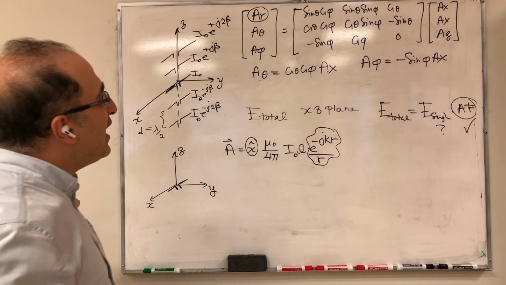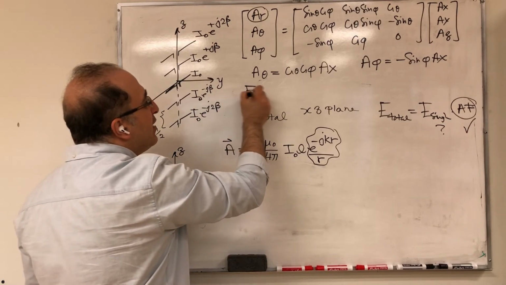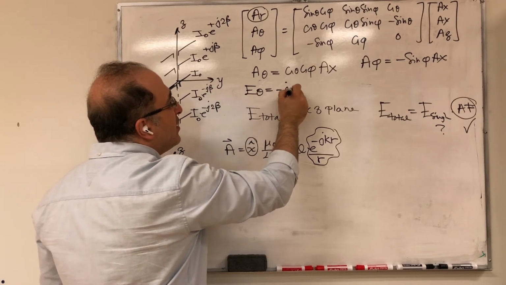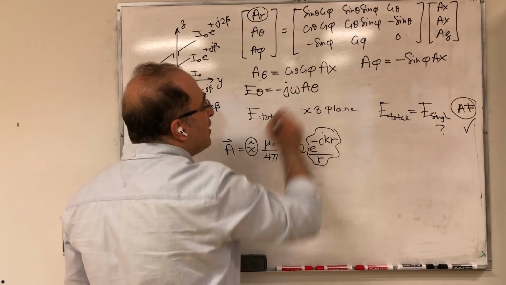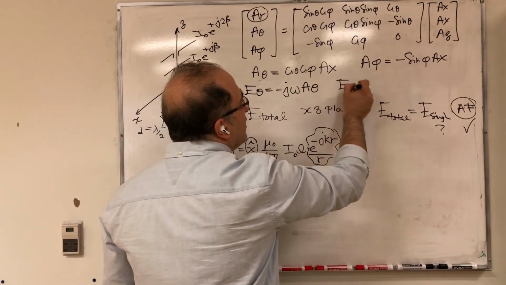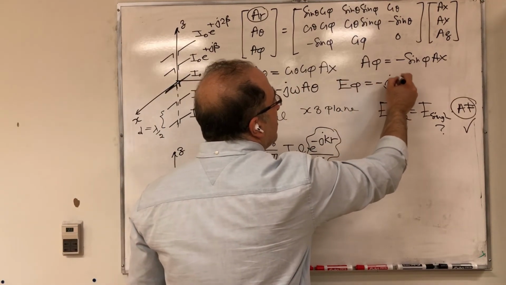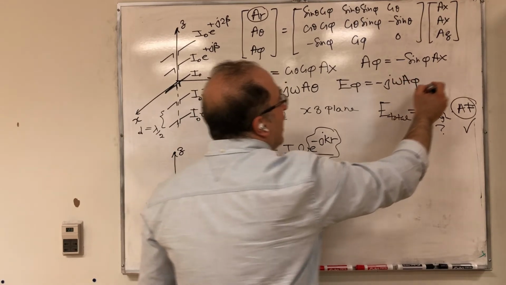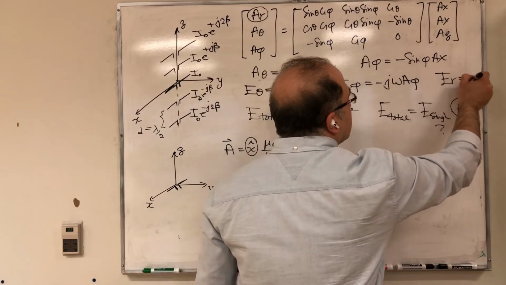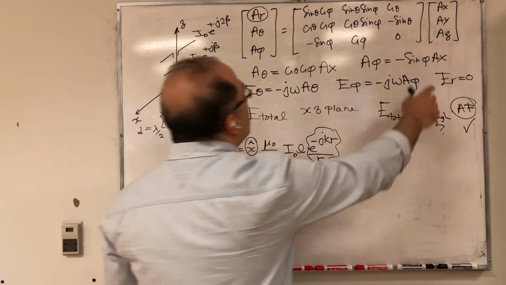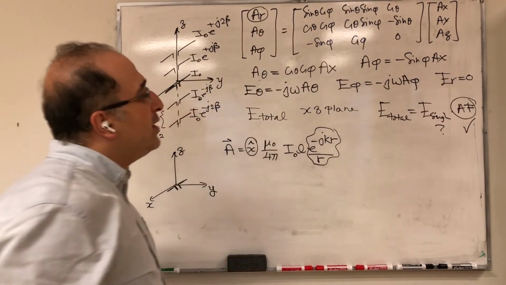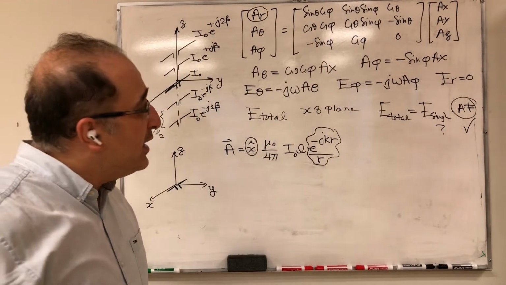So having that, I can find my E theta in the far field, minus j omega A theta, and E phi becomes minus j omega A phi, and I know that E_r is 0. That's why I didn't need to worry about A_r. E_r is just simply 0.